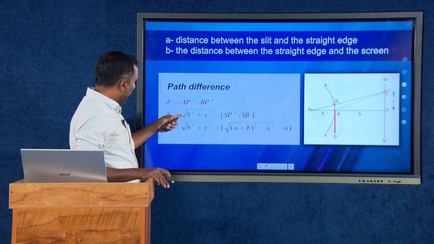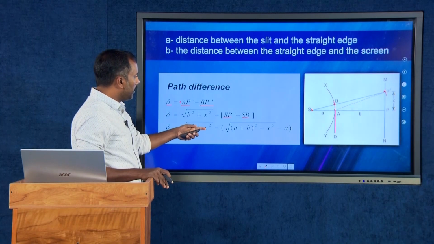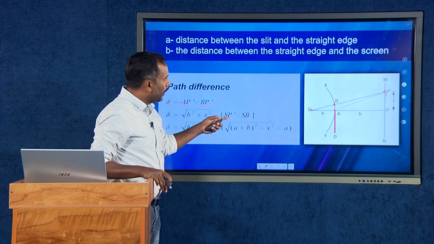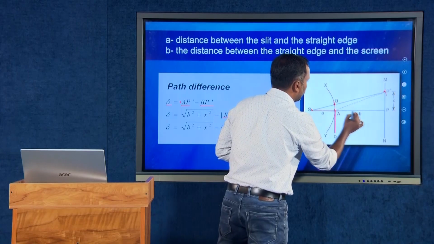Now, you can again calculate root of B square plus X square minus the value of S P dash, which can be taken from this particular triangle.